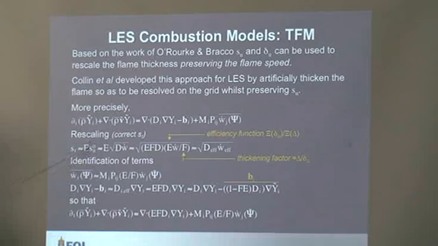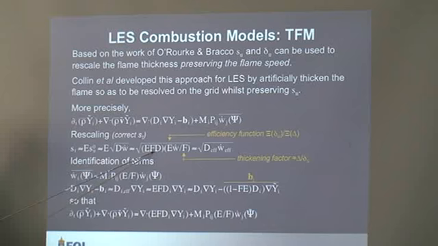And as the laminar flame speed is proportional to the reaction rate and the thermal diffusivity, you can use that to reformulate this equation so that you will have an effective diffusivity and an effective reaction rate. Here, this F factor is the thickening factor.